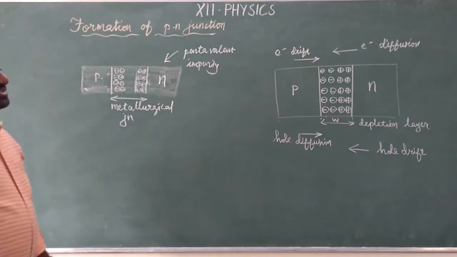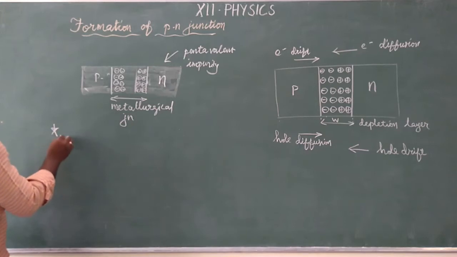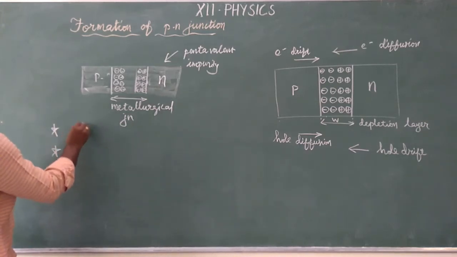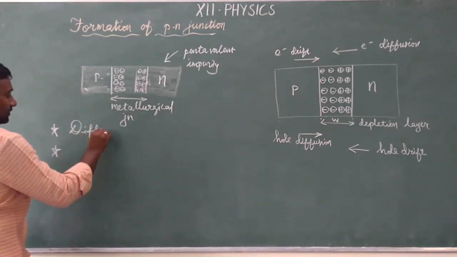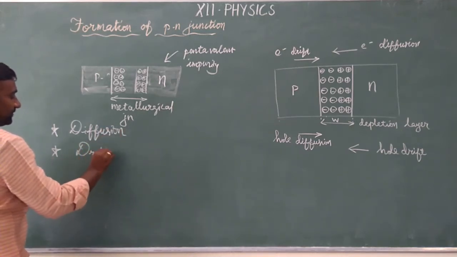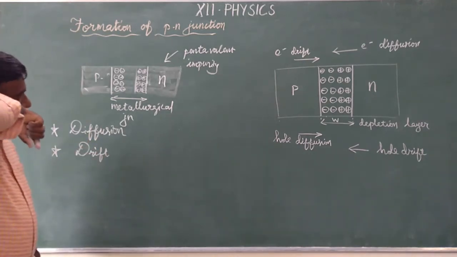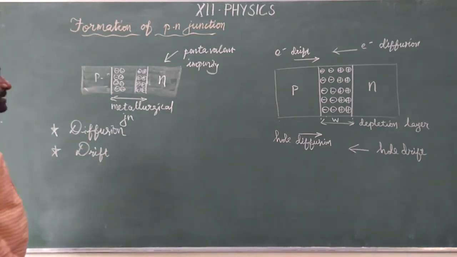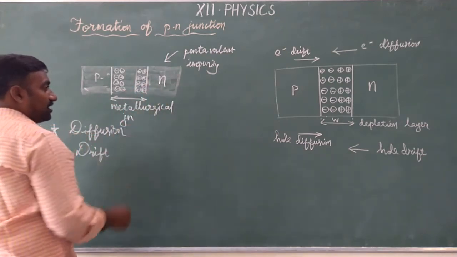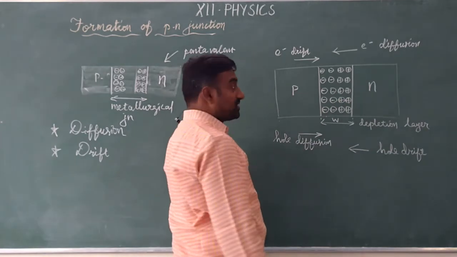So to form the PN junction, the two important processes are diffusion and drift. Actually, at the time we form the junction, what will happen? Look at this picture, from the n side the electrons are the majority charge carriers, no?